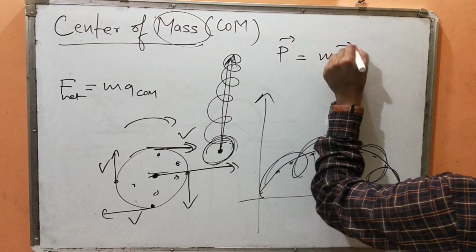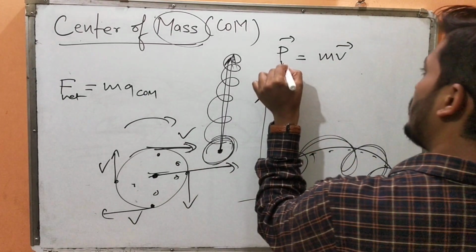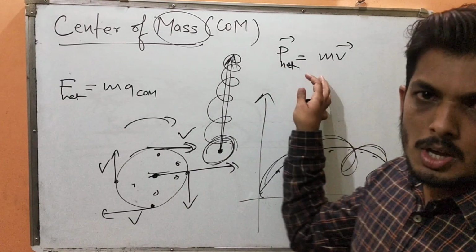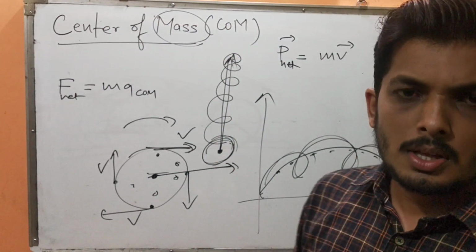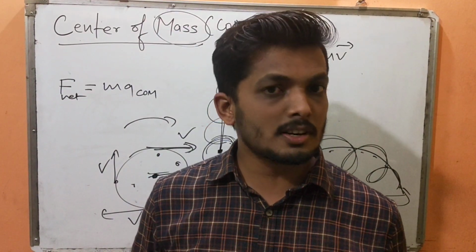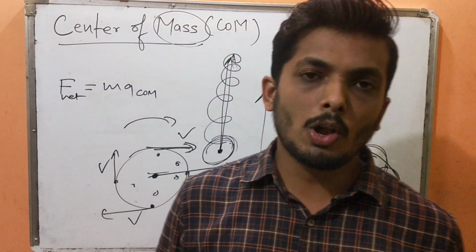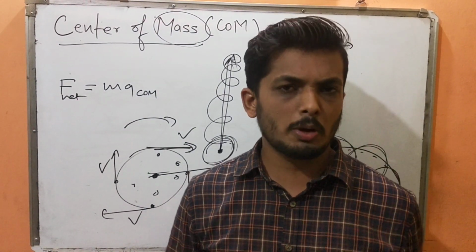Momentum is m into v. Which v are you considering? Whenever you consider net momentum, what do you mean? Which velocity are you considering? When you throw a ball upwards, the velocity of every particle is different. Unless it's a translational motion, the velocity and acceleration will be different. If it was translational motion, they would have been the same.